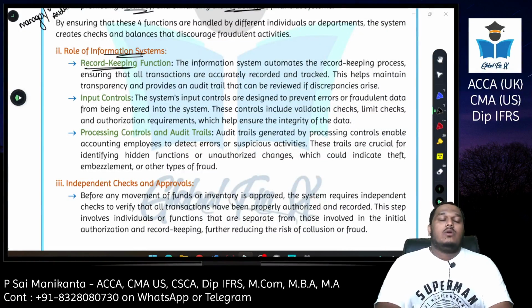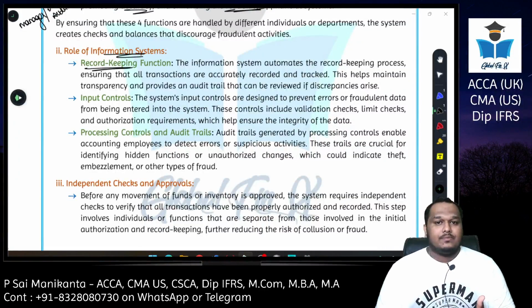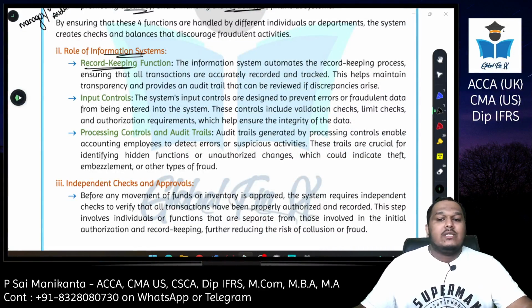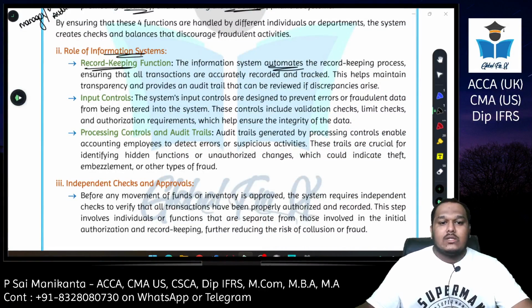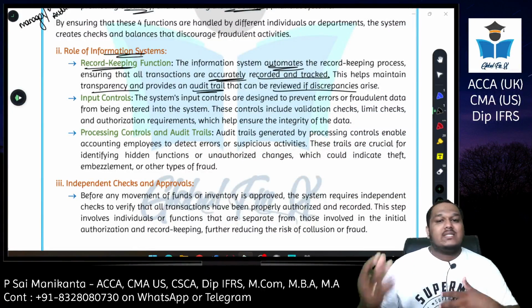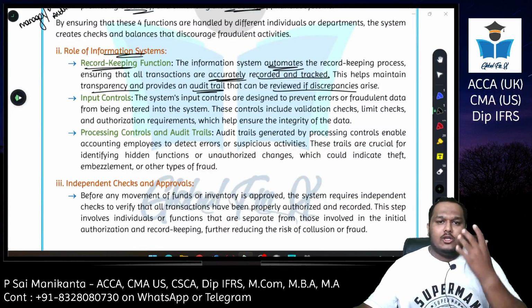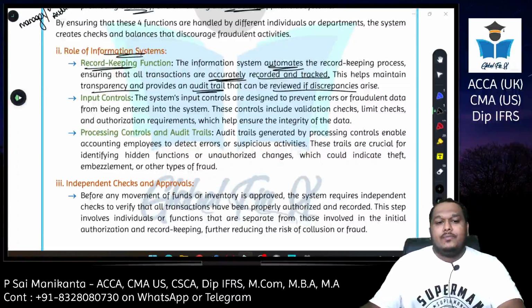Because of that, human error is reduced. The information system automates the record keeping process, ensuring that all transactions are accurately recorded and tracked. This helps maintain transparency and also gives an audit trail that can be reviewed if any mistakes or discrepancies occur. Audit trail means what? Proof, basically documented proof.